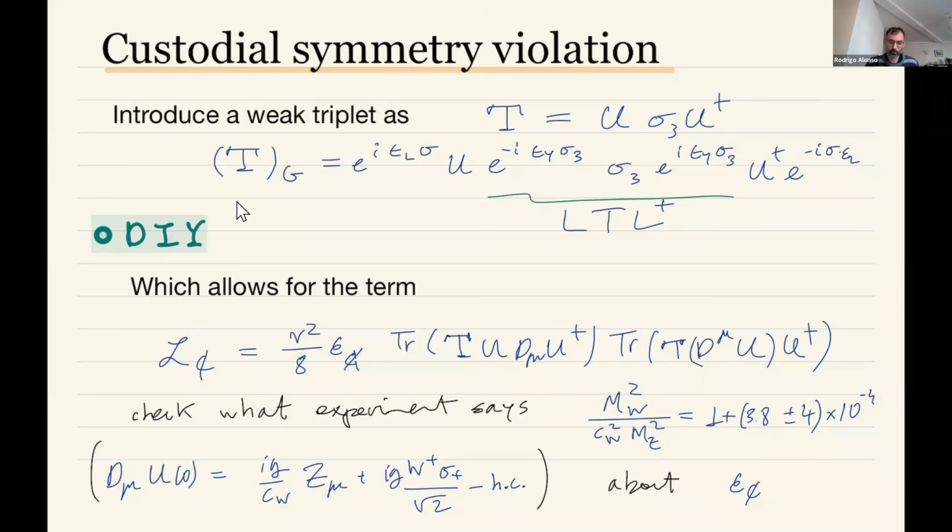And again, in the spirit of EFT, you should inspect all of the possible terms that are in there, all of the ones that violate custodial symmetry. Having said that, a symmetry is one of the few good reasons that lets you neglect things consistently. So if you somehow assume that your UV theory does respect custodial symmetry, then you can discard all of the custodial violating operators, these and any others, with that assumption. But that is an assumption on top of your EFT.